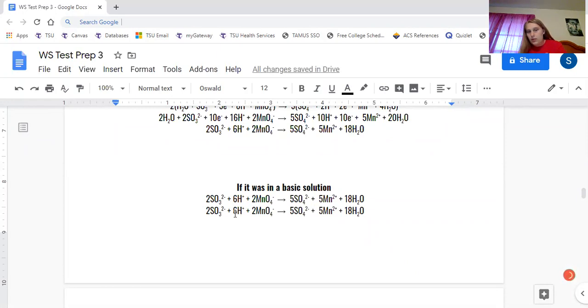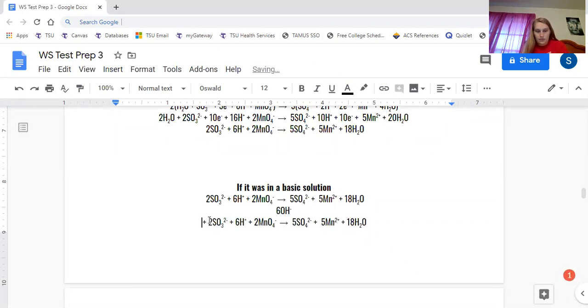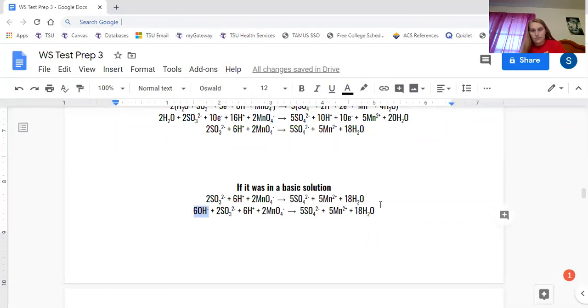So we're going to add our OH to both sides. So we have 6 OH minuses. Okay, so we add our 6 OH minuses.